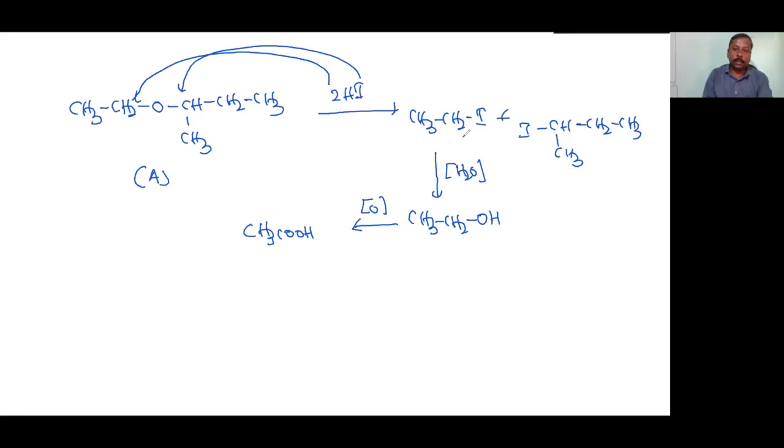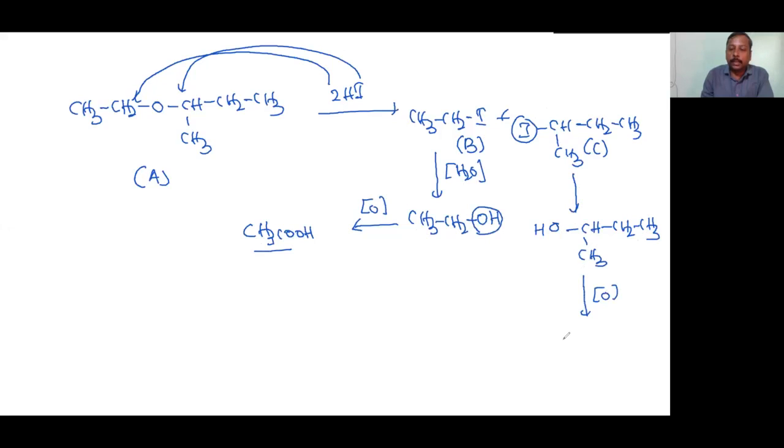So B is giving carboxylic acid, and C is giving the ketone. On oxidation of a primary alcohol, we get carboxylic acid. Now on hydrolysis, the iodine will be substituted with OH, then it will be CH3CH(OH)CH2CH3. Now on oxidation, as it is a secondary alcohol, this will be converted to ketone.